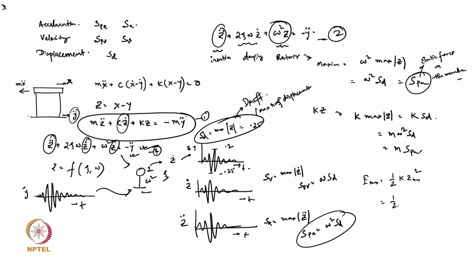Now if we put in k as m omega square, we get half of m omega square into z max square. So you will have half of m into (omega into z max) whole square. That will be half of m into SPV square. So that is the measure of the strain energy. For that you need SPV.